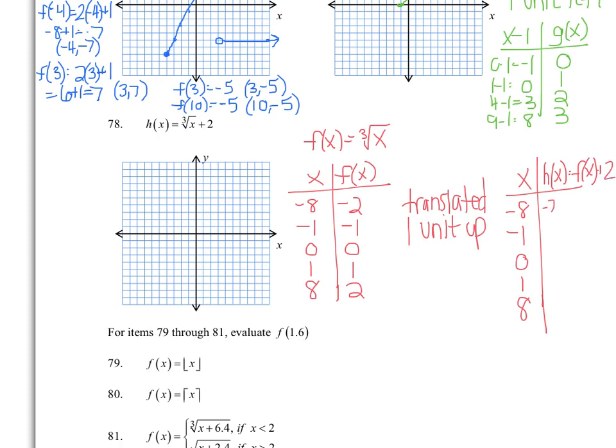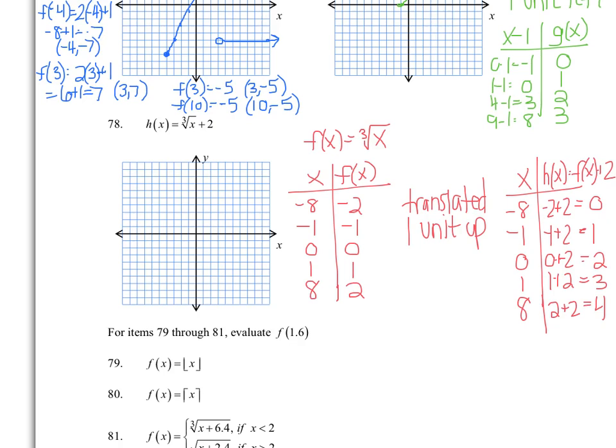Basically, I'm adding 2 to each of my original parent function y values. Well, negative 2 plus 2 is 0. Negative 1 plus 2 is 1. 0 plus 2 is 2. 1 plus 2 is 3. And 2 plus 2 is 4.